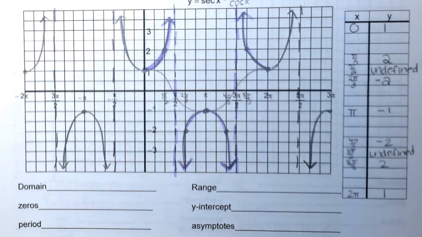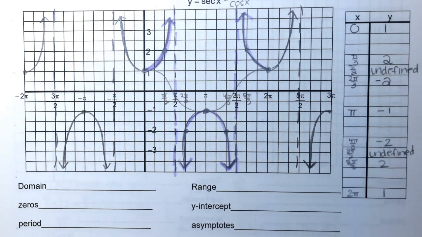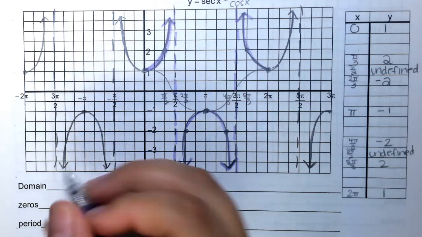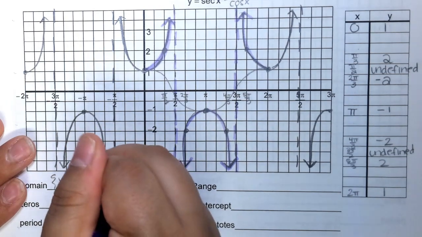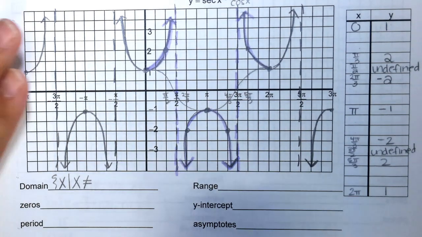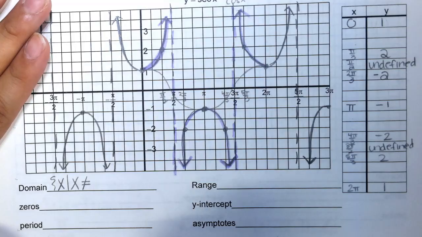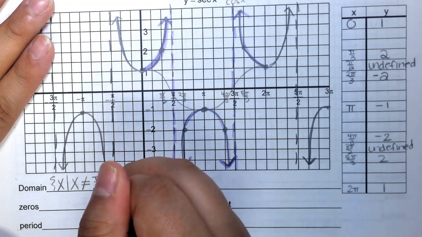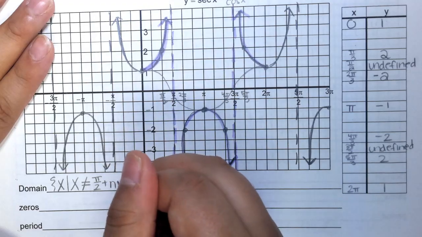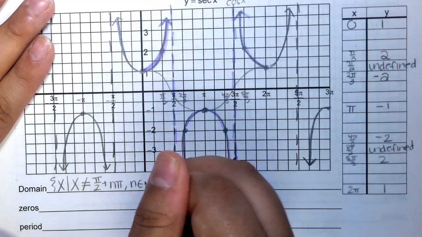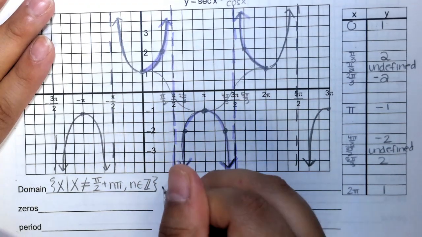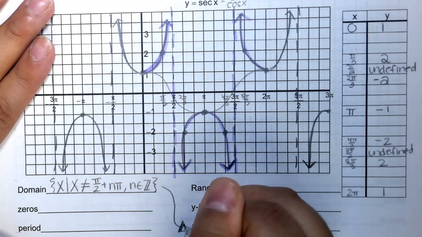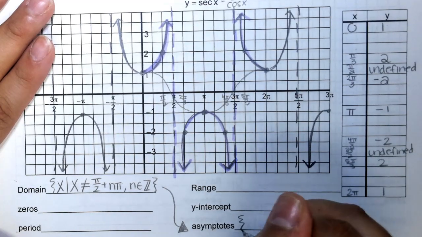All right, what is my domain here? X such that x is not equal to what? Where there no x is going to be? The pi over 2's. Why the pi over 2's? Because that's where my asymptotes are. If you can fill out the domain, you can fill out the asymptote.